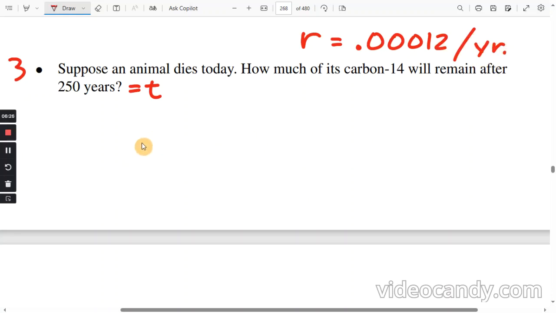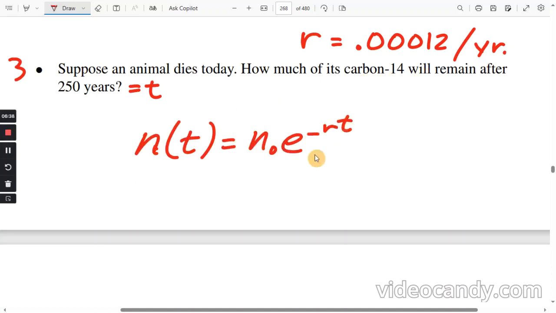All right, so we have a decay here, population decay. N of t equals n sub 0 times e to the negative rt.